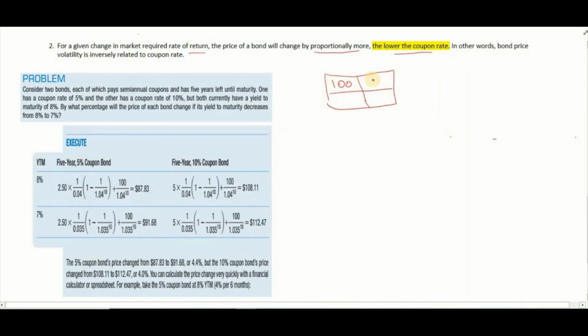Currently it has a coupon rate of 5% and maturity is 5 years. This is a different bond, par value 100, similar maturity of 5 years, and coupon rate is 10%.